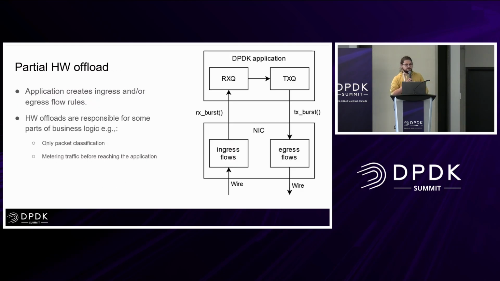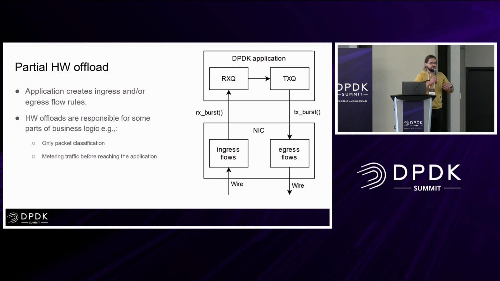There are a few types of architectures the applications implement when working with hardware offloads. One of them is the partial hardware offload. In this architecture, hardware offload is responsible for only some parts of the business logic. So in this example, when we receive a packet on the wire, we process it in the ingress flows, and all of the traffic goes to the application.